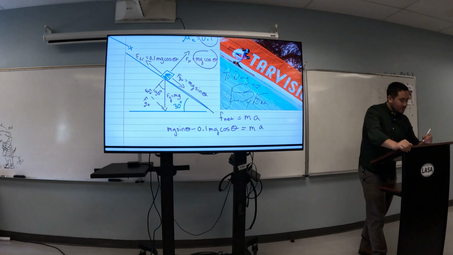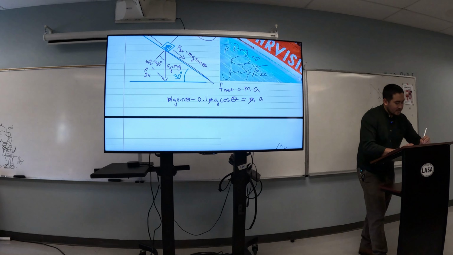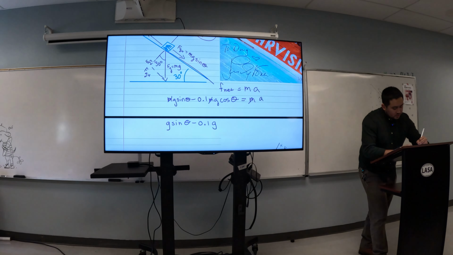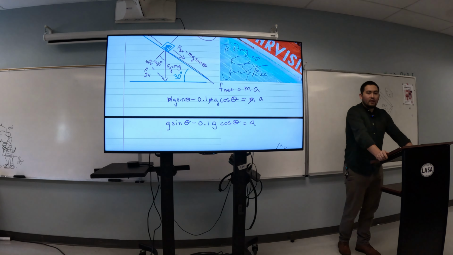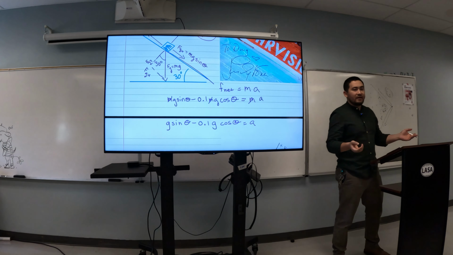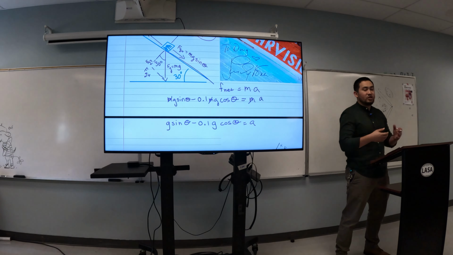So if I cancel out those terms, then what I'm left with is g sine theta minus 0.1 g cosine theta is equal to a. So now I've solved for the acceleration of our skier in terms of g and theta.